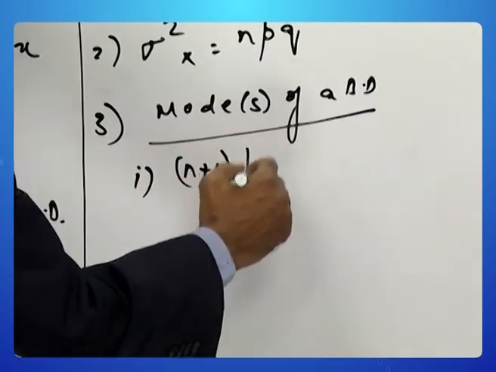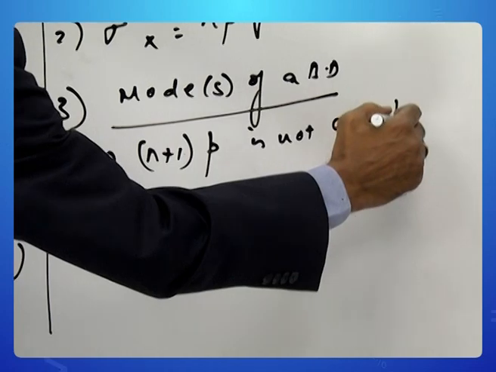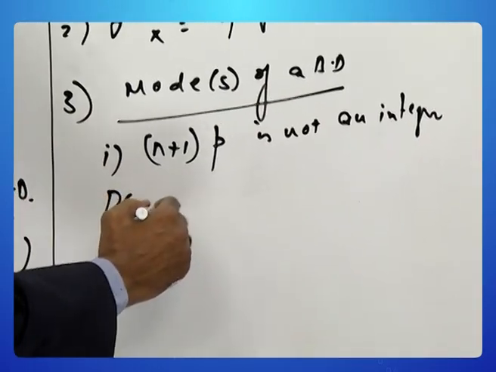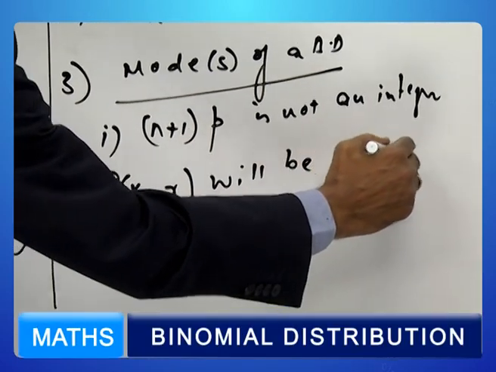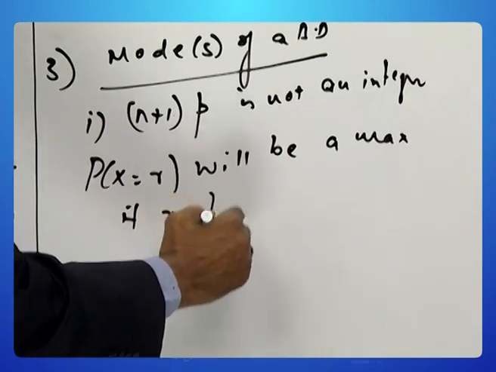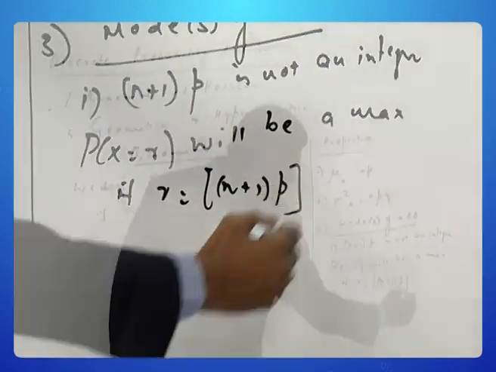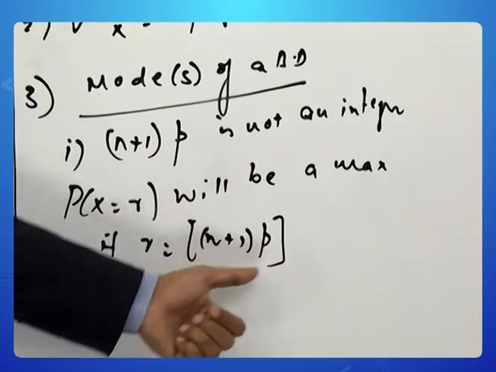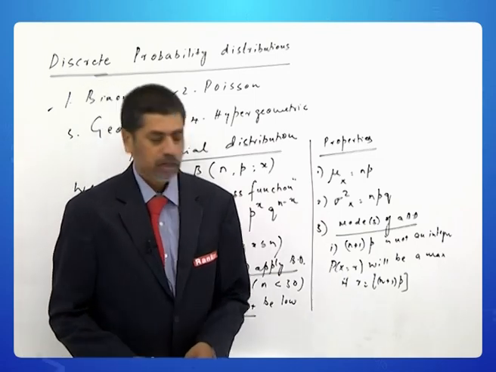When n plus 1 into p is not an integer, probability of x is equal to r will be a maximum if r is equal to the greatest integer not exceeding n plus 1 into p. Please understand this notation. This is the greatest integer not exceeding n plus 1 into p.